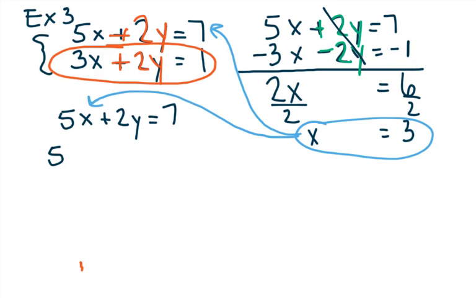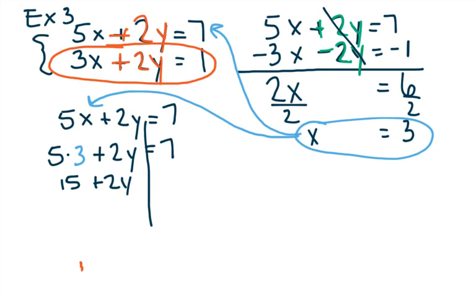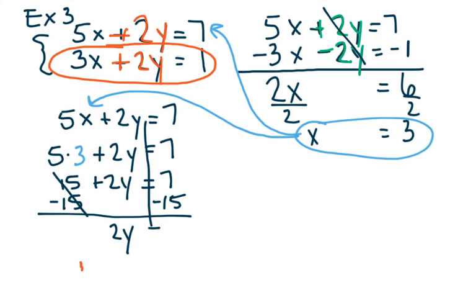So I have 5 times 3 plus 2y equals 7. Solve that, so we get 15 plus 2y equals 7. Subtract 15 from each side. Those cancel. We're left with 2y equals negative 8.